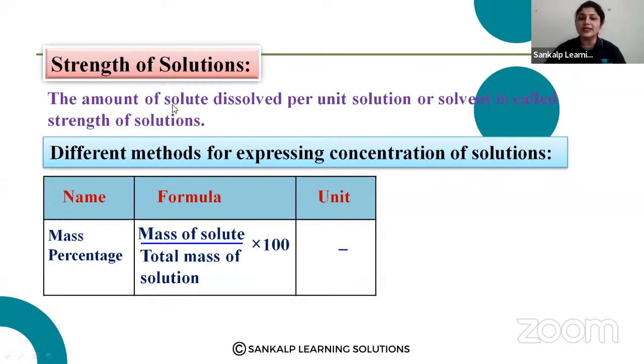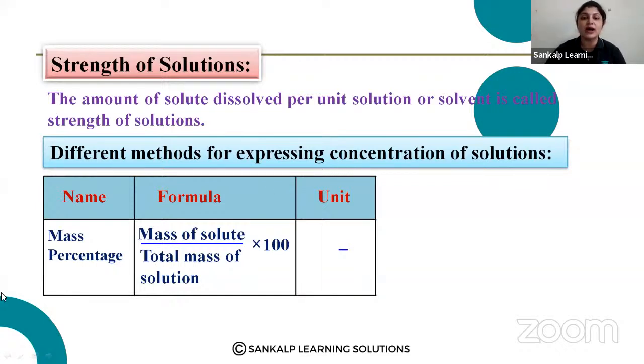Okay, so what is strength? We have discussed earlier what is solute, what is solution, what is solvent. So the amount of solute which is dissolved in the solution or solvent gives you the exact concentration or strength of the solution. So this concentration or strength is expressed in various different methods.